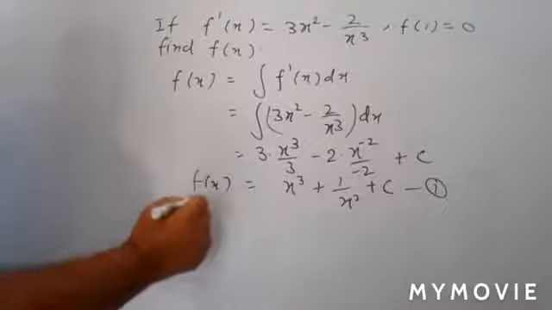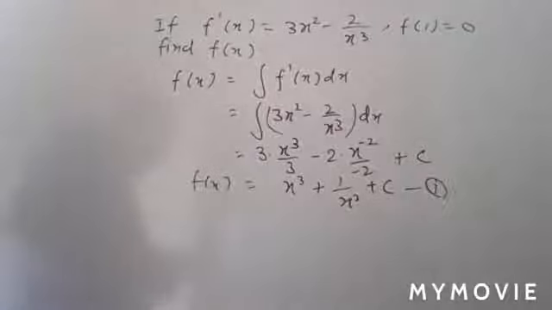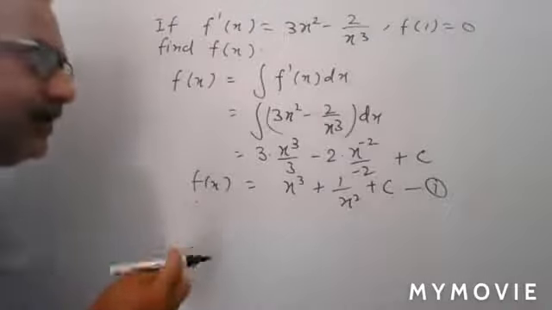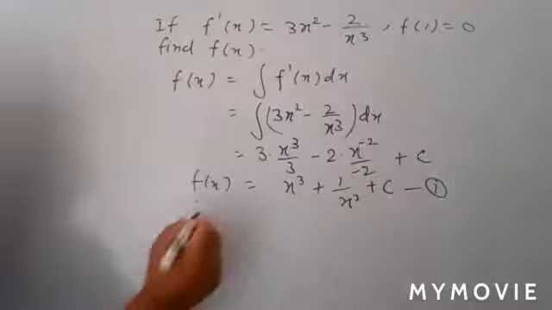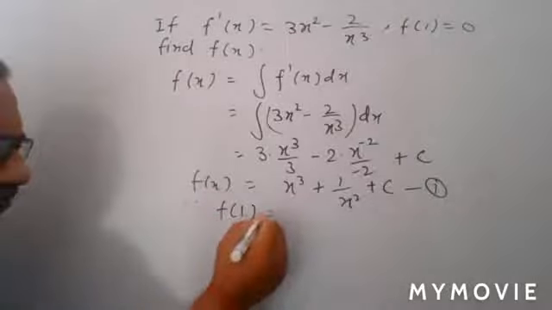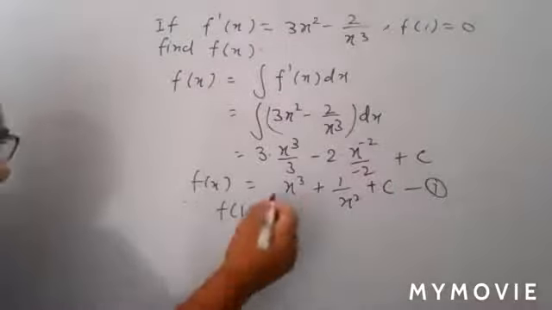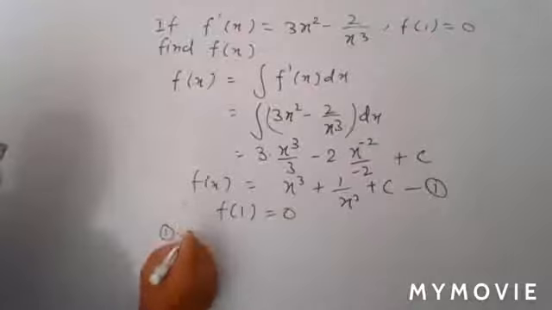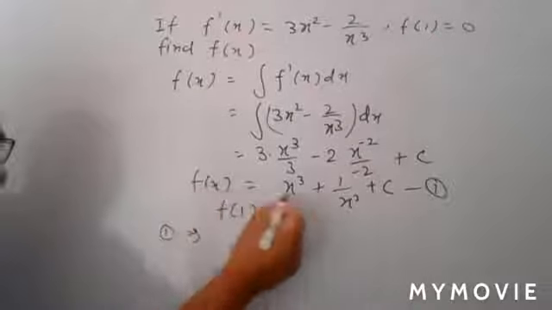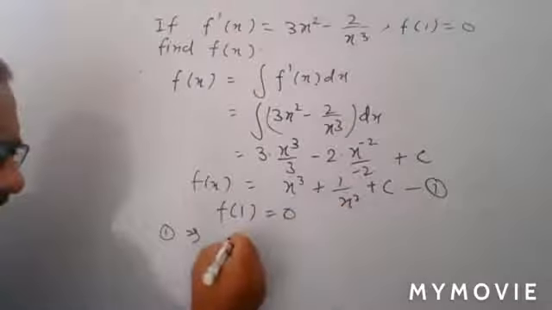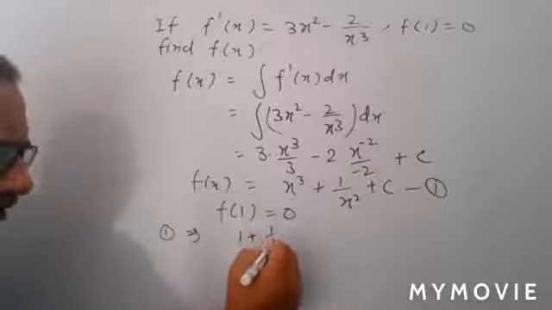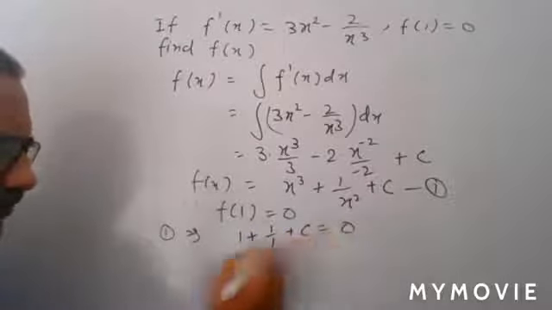Now, what is given here? Here you have given f1 is equal to 0. The value of f1 is equal to 0, right? It is given to us that the value of f1 is 0. Now use it. So putting its value in f1, 1 plus 1 upon 1 plus c is equal to 0.